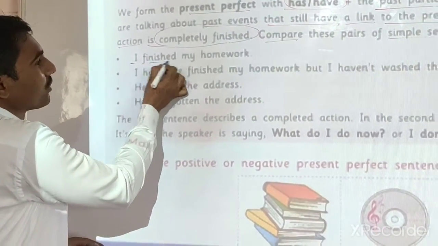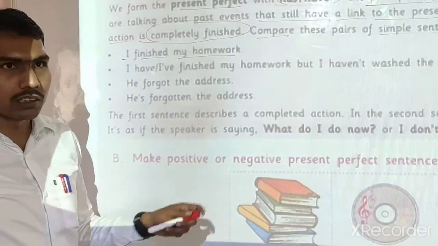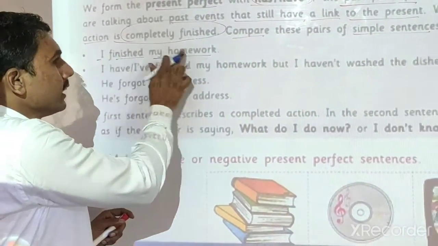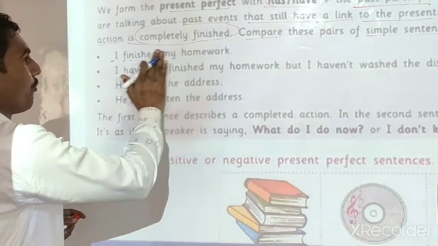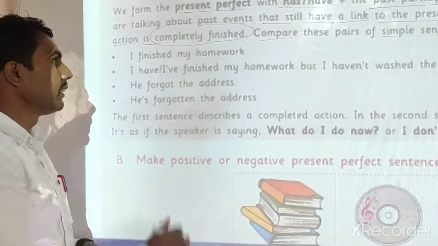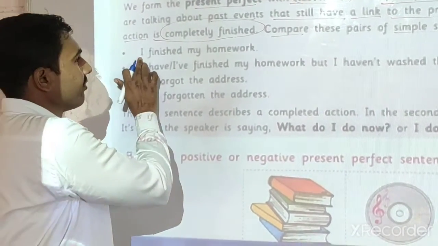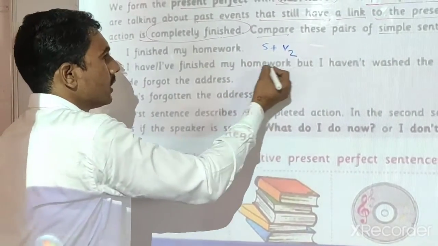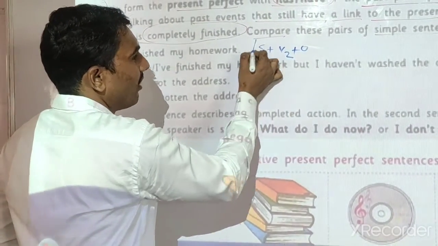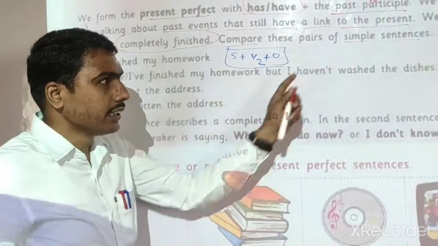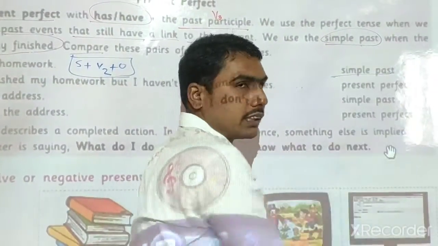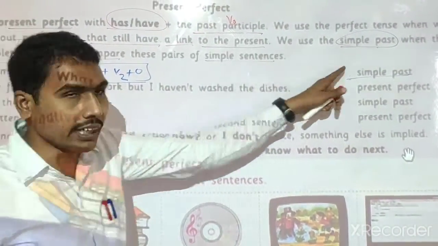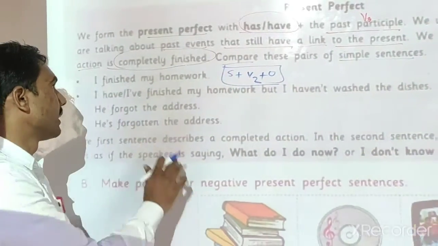This sentence is simple past tense. If you observe this sentence, you can easily identify subject plus verb second form plus object, and that formula indicates simple past tense. Remember this.